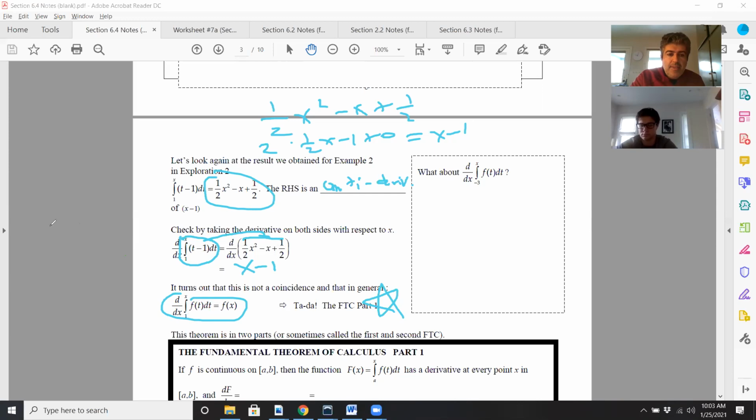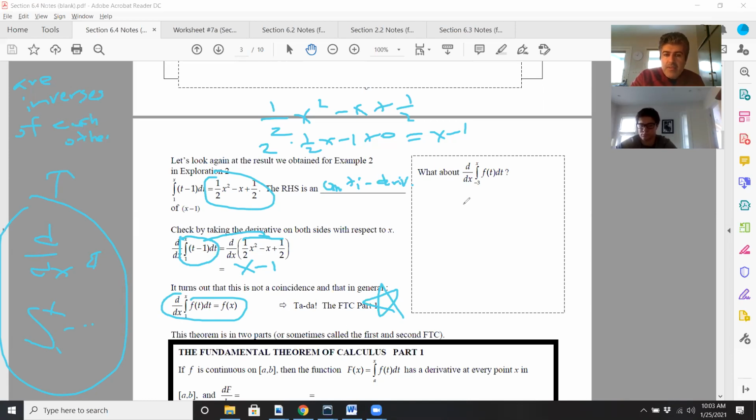So it's almost like d dx and this integral here are inverses of each other. It's almost like they undo each other. And that right there is the fundamental theorem of calculus, part 1.